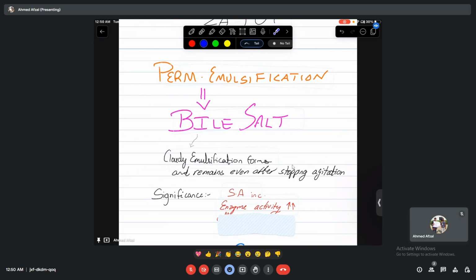It would help the enzymes perform their action of breaking down the lipid. It would help in that process, right? And also when you're about to digest this specific lipid, this would help out with that as well. So these are the few significances of emulsification.